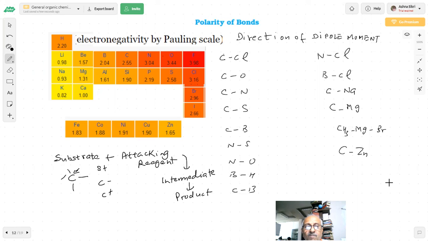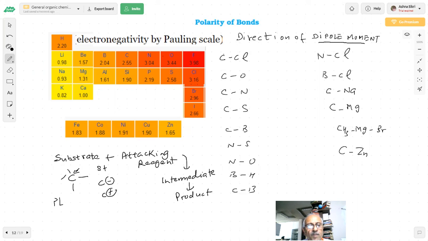So charges are important. Where do charges come from? The bond is polar, and that is decided by the electronegativity. So what we talked of as dipole moment, students, is the polarity of the bonds.